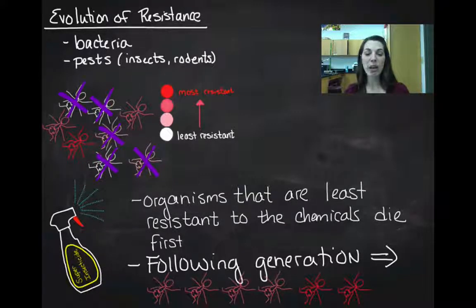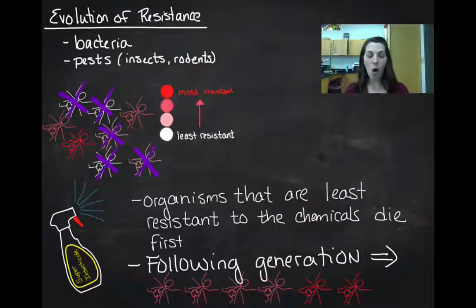And now if you look at our next generation, it is entirely resistant. They're not all at that most resistant level, but they're at least at the moderate resistant level. Now, if I go through and spray them again with super insecticide, I might kill off some of the pink ones, but probably not because they already survived. So you see that that insecticide is no longer really useful against that population of ants.